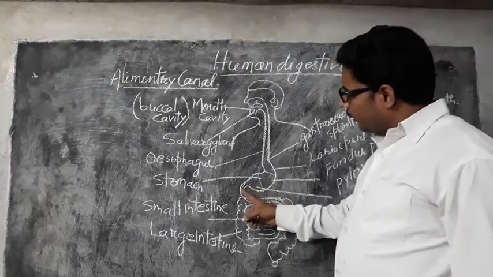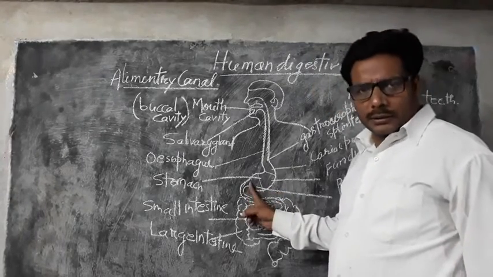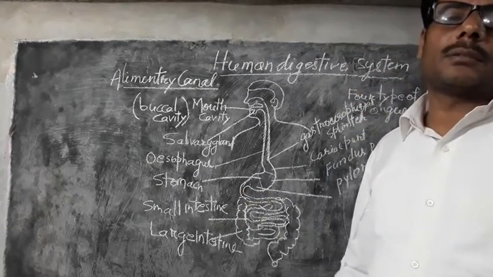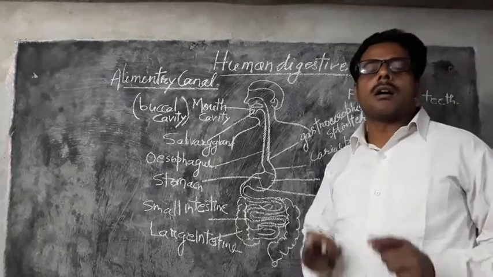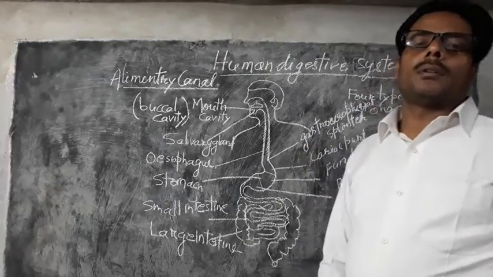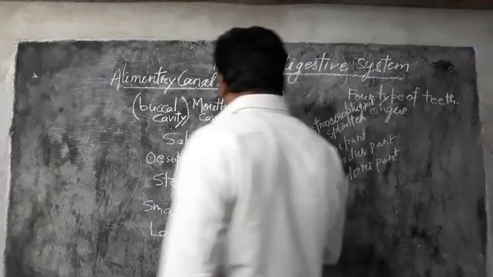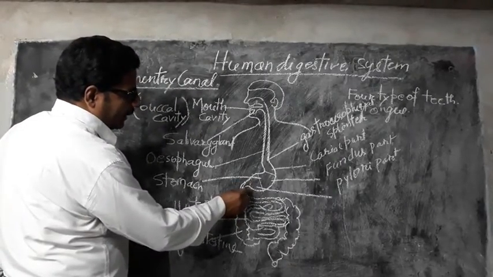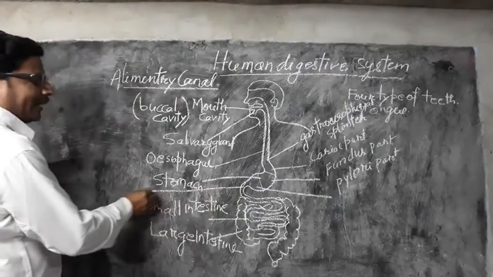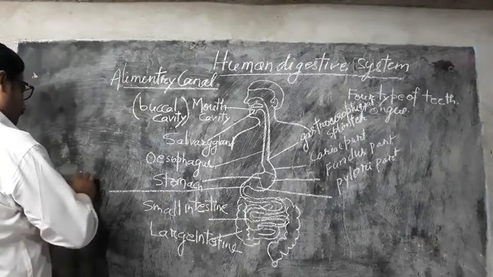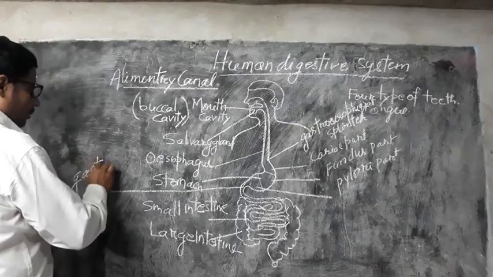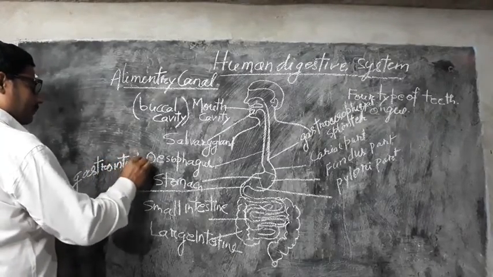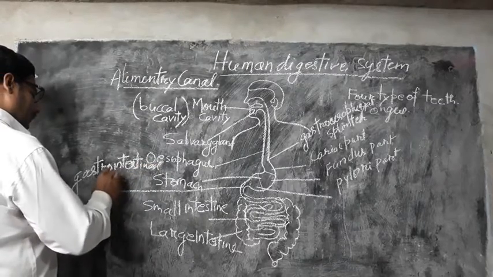Thereafter, at the end of the stomach, there is one more sphincter present, which promotes the further movement of digested food. This is known as the gastrointestinal sphincter.